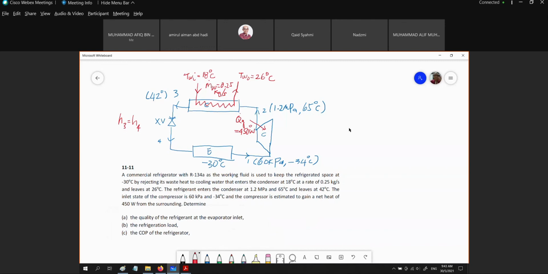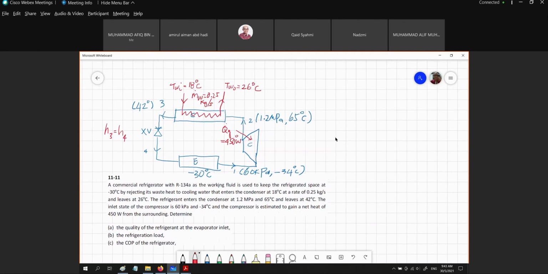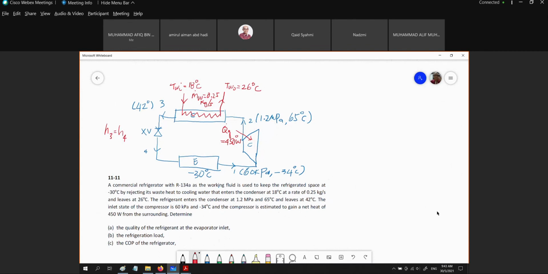So we still need to get part A. What is X3? X3 is equal to H3 minus HF3 divided by HFG3. Sorry, the evaporator inlet is not 3, it's 4.